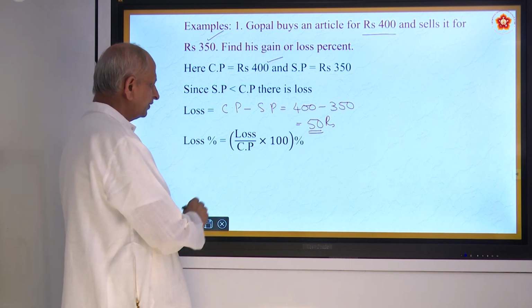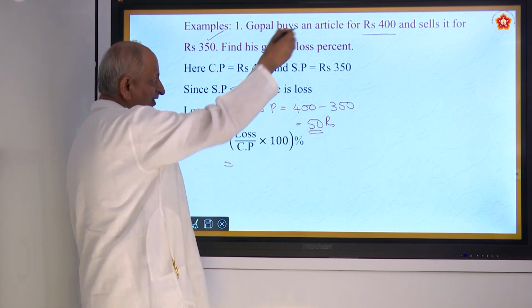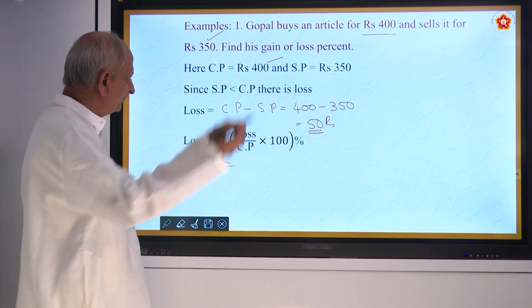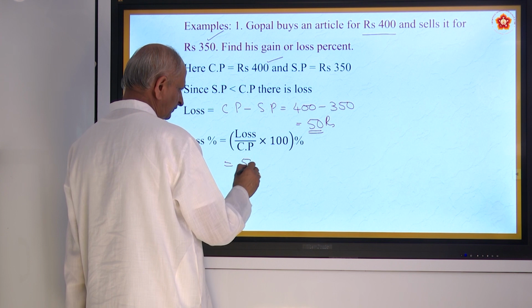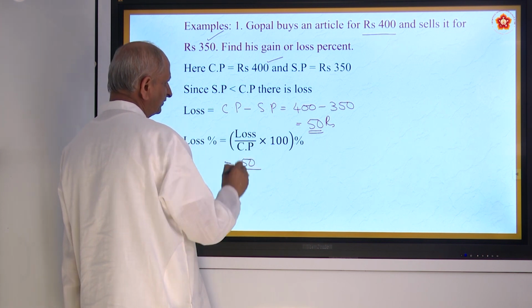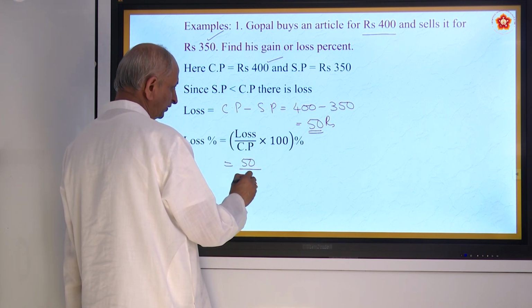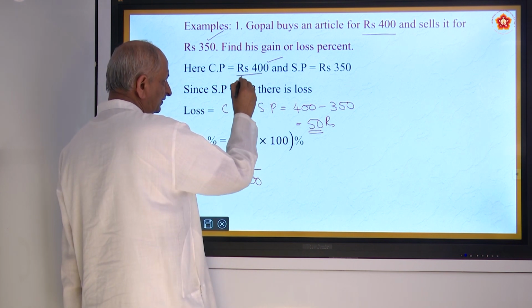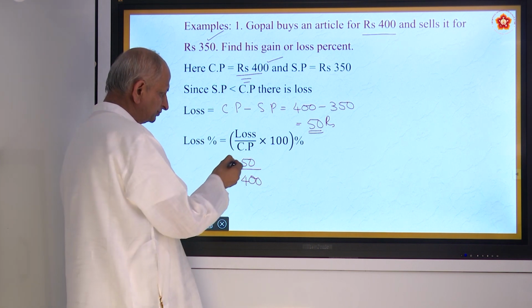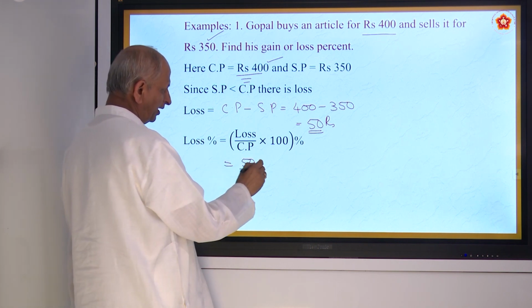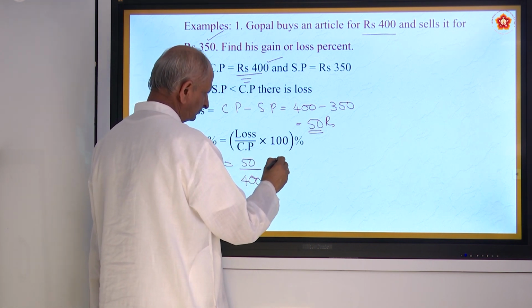Now, they are asking loss percentage using the formula, second formula. Loss is 50 rupees. What is the cost price? 400. Don't take the selling price. Always percentage of profit or loss is calculated on the cost price. So, 50 by 400 into 100.